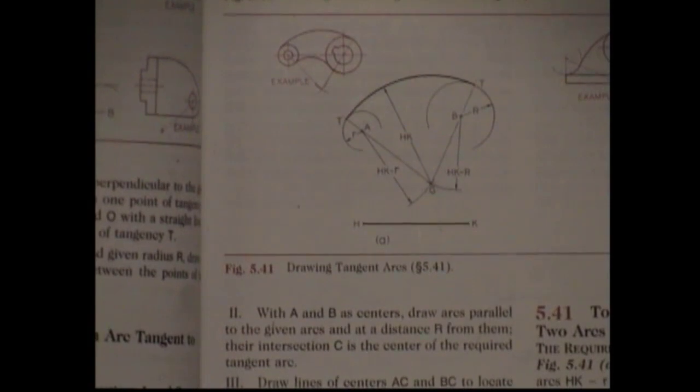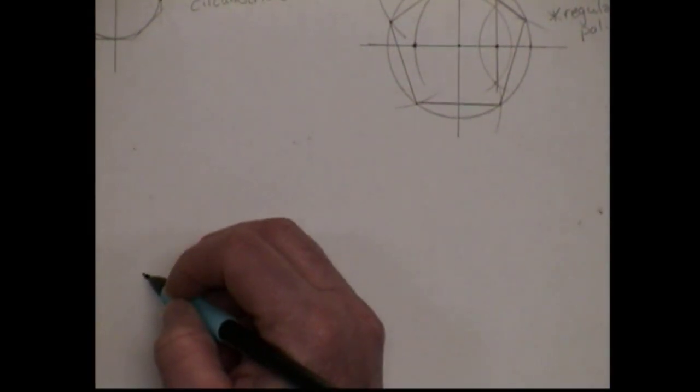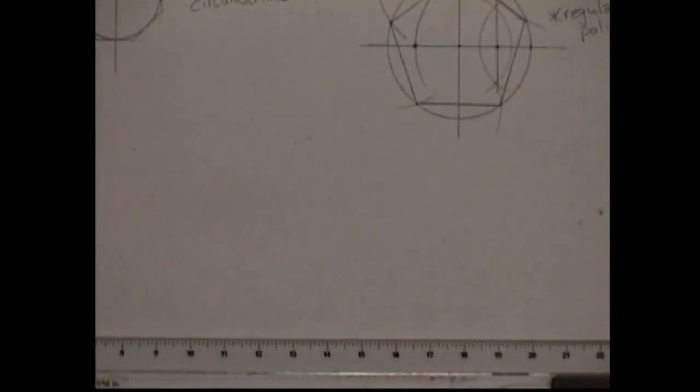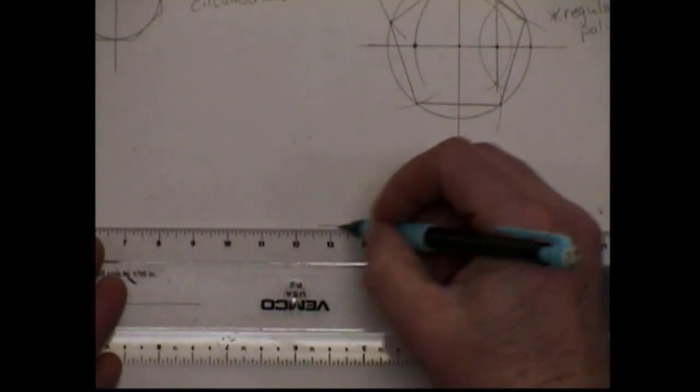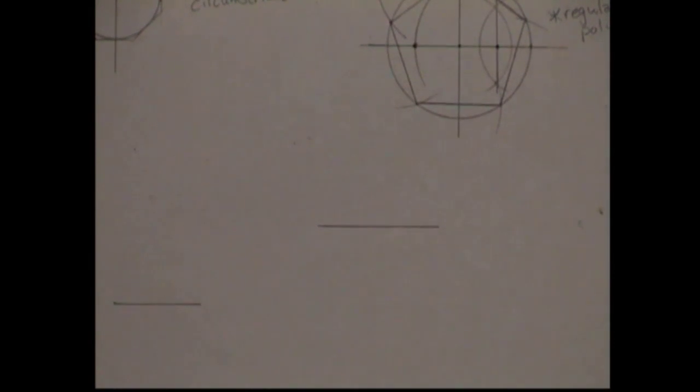All right? Now, you don't have to do this on your paper. I'm going to do it on mine so I can have some space where you can see the math problem. So again, we're going to pretend like we have a small circle and a big circle. In order to do that, I'm just going to create a couple center marks here. If you want to try this, you can.